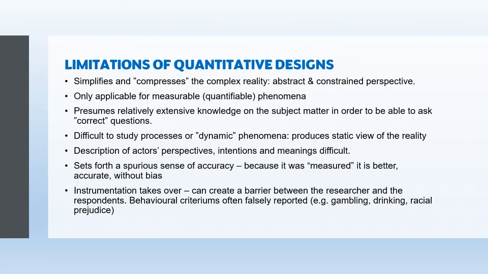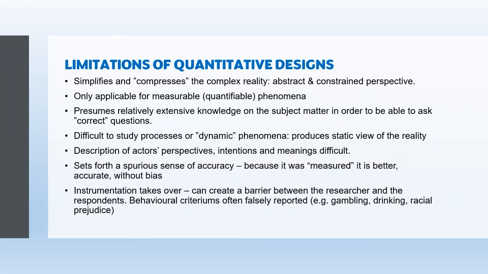What are our limitations? One of our things is always, what is the study's limitations? So if you've chosen quantitative, you need to go and say, I've chosen quantitative and I am aware that this would have certain limitations. The first one is that it often simplifies or compresses a complex reality.